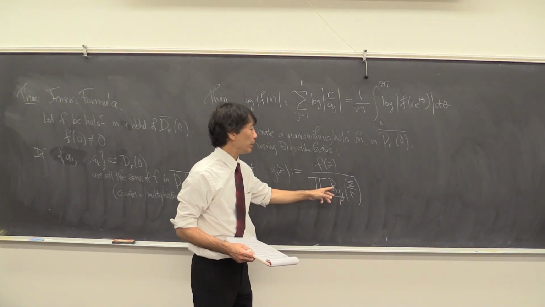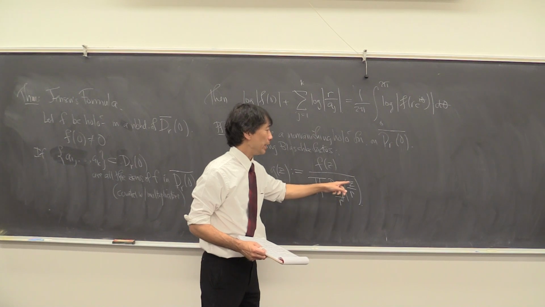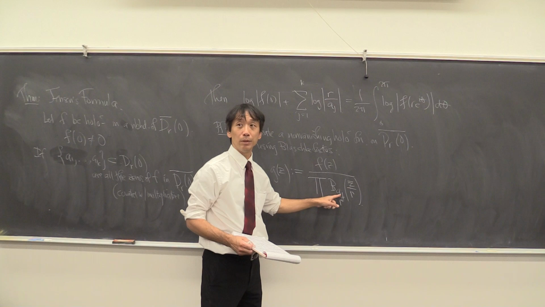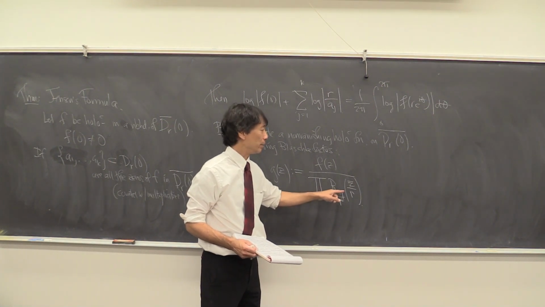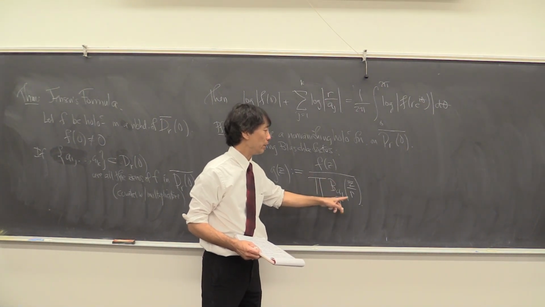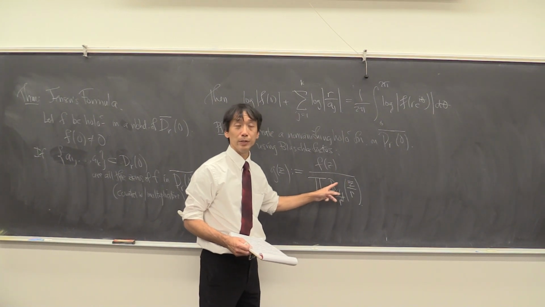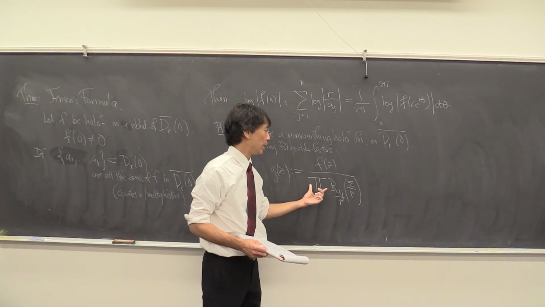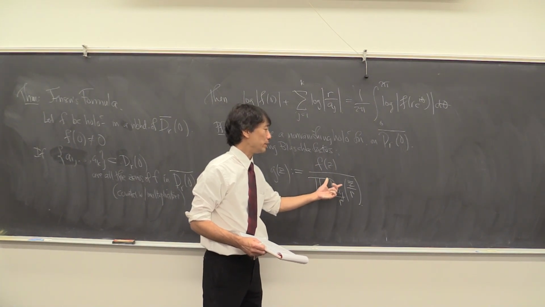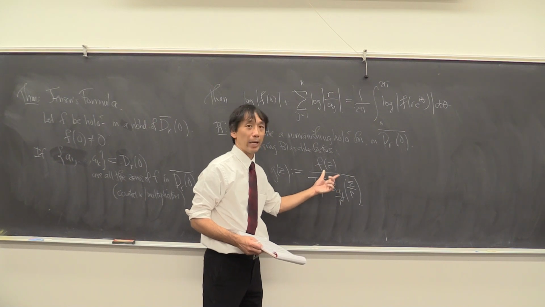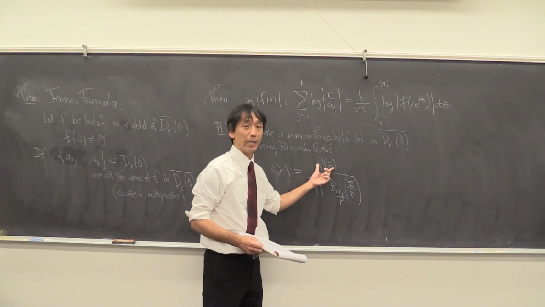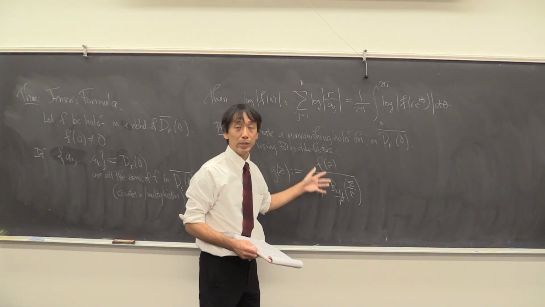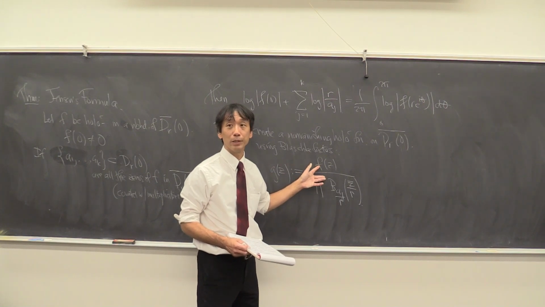You set them up so that they have zeros at the a sub j's. So when z equals a sub j, the Blaschke factor has its 0 there. This function has zeros exactly and only at the places where the function on the top has its zeros, and so that cancels off the zeros, and we end up with a non-vanishing function.